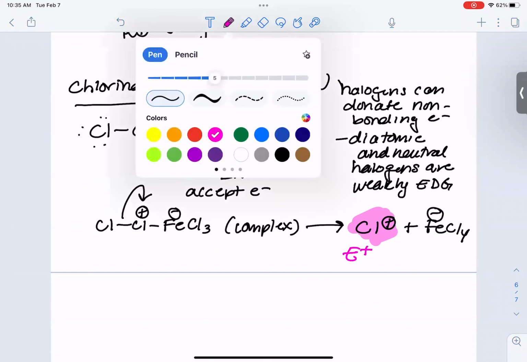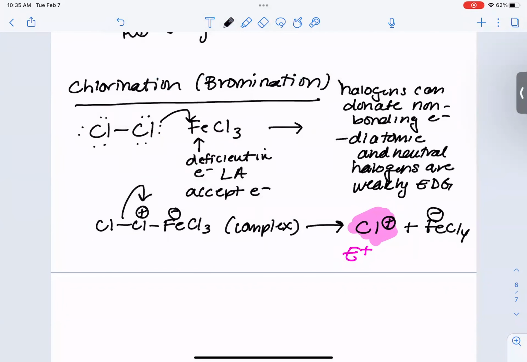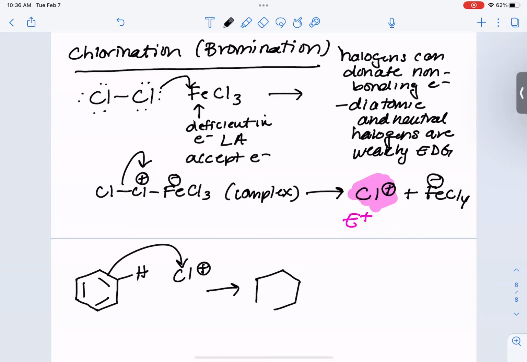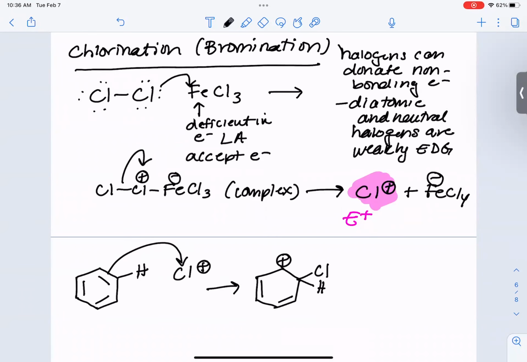Then the mechanism is going to proceed as I showed you in that generic mechanism. You have your benzene. You have your chlorine electrophile. The pi electrons go after the electrophile. I recommend drawing the hydrogen in so you know what you're going to eliminate. So there's my intermediate. Again, that positive charge can delocalize around the ring.